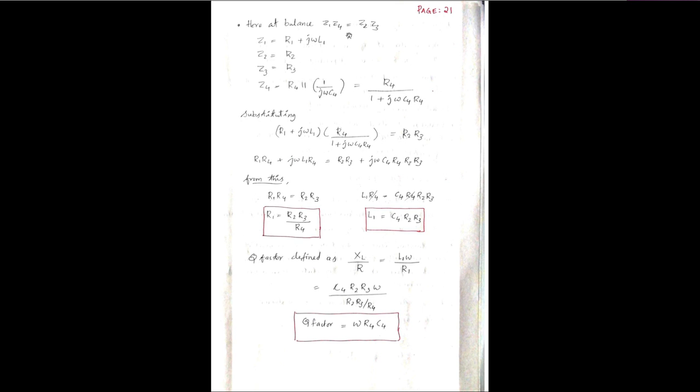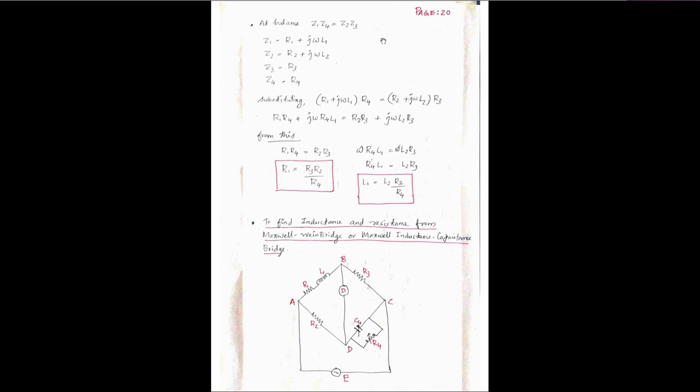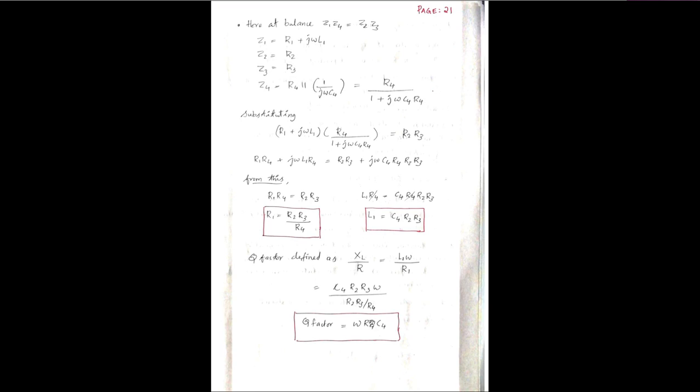At balance conditions Z1 Z4 should be equal to Z2 Z3. Z1 we can write as R1 plus j omega L1, Z2 is equal to R2, Z3 equal to R3, and Z4 is R4 parallel to the capacitor C4, that is R4 parallel to 1 divided by j omega C4.